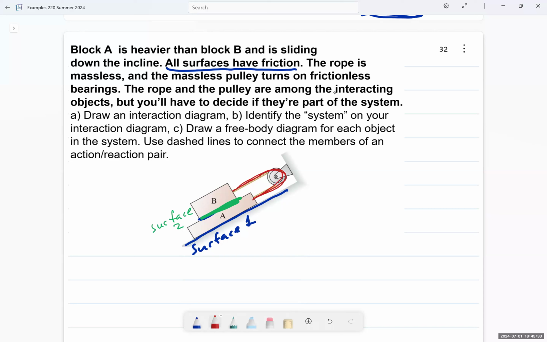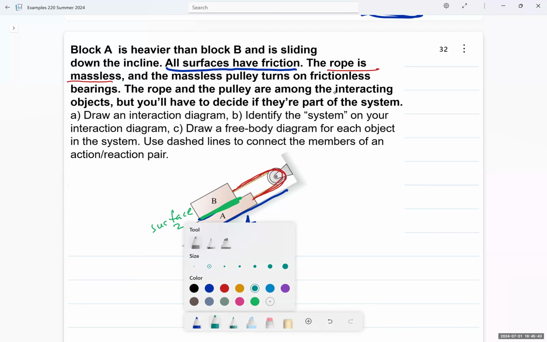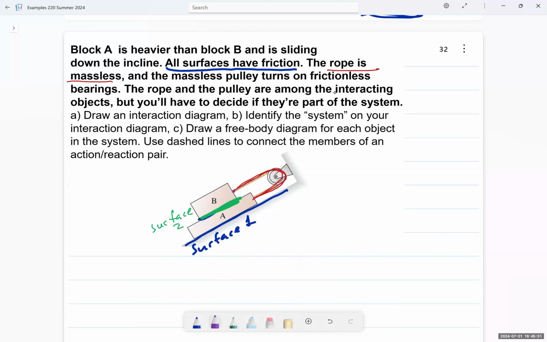And one of the things we can say here is, if it's a massless rope, and we are given that, right? The rope is massless. That means we can say that tension is exactly the same. And what we have here is this. The rope exerts force in this direction on B, so this is TB, and it also exerts force on A, this is TA.